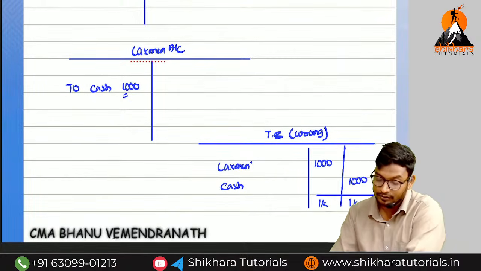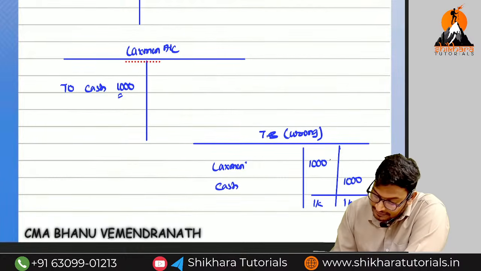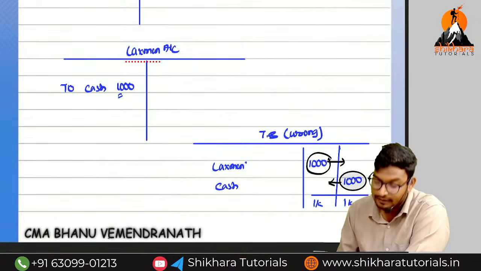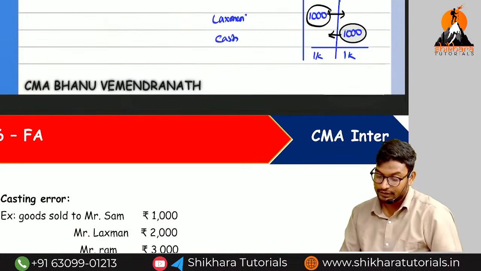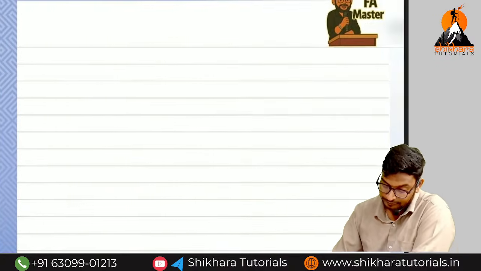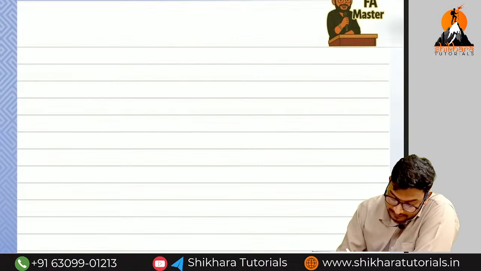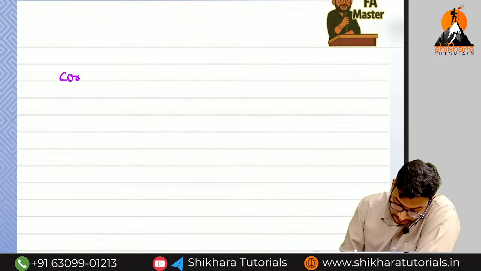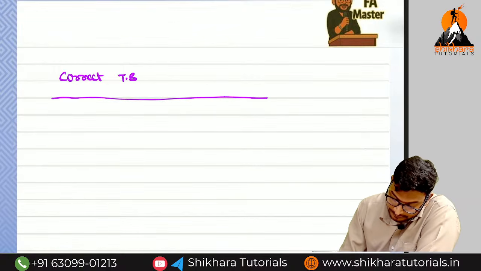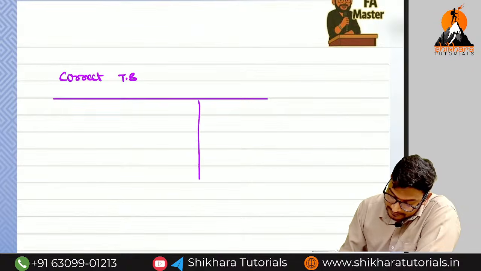These are wrong. Wrong means opposite side. Wrong means opposite side. So now I am going to prepare the correct one. Can you say the correct trial balance? Simple. The correct trial balance is, the balances are the same.